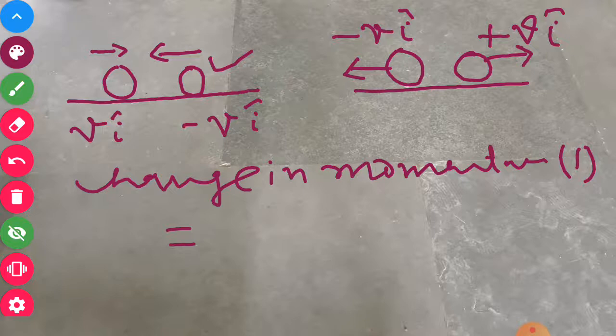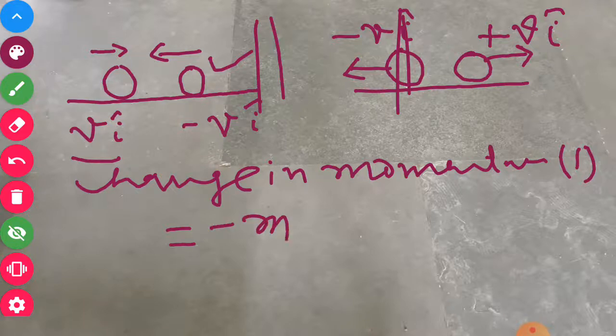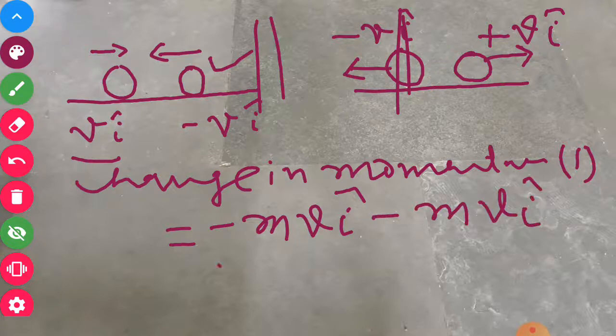The final momentum is minus m vi cap. So it will become minus m vi cap minus m vi cap. So it becomes minus 2 m vi cap.